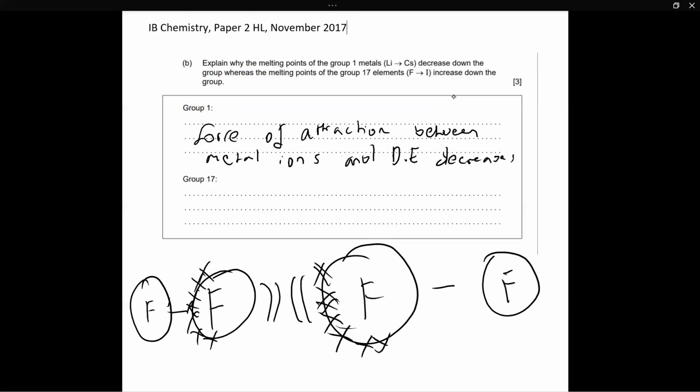So if you want to write your answer for why the melting point increases as you move down group 17, you can say that the number of electrons increases. You can also write that molar mass increases, because remember, iodine is much heavier than fluorine. That's another thing London dispersion forces depend upon. The heavier the atom, the heavier the molecule, the stronger the London dispersion forces. So another reason is that molar mass increases.